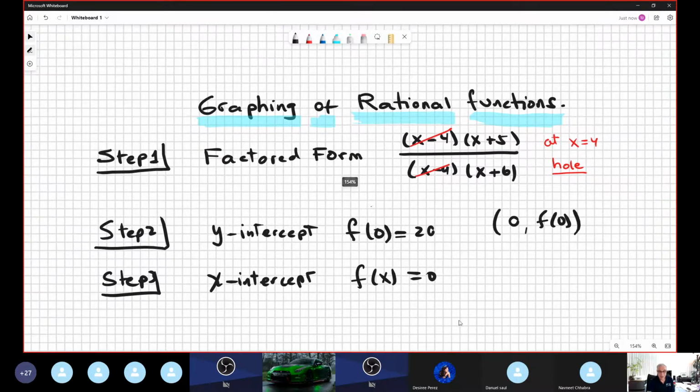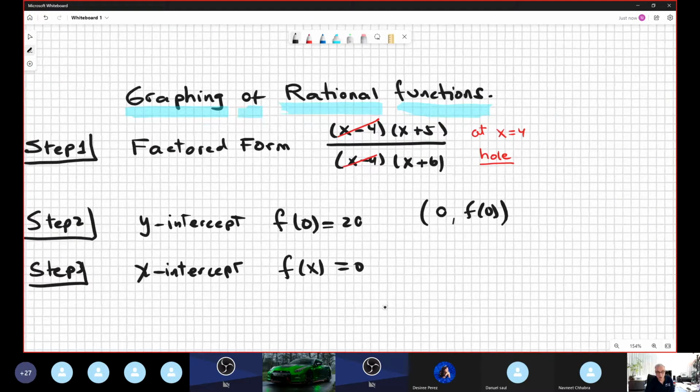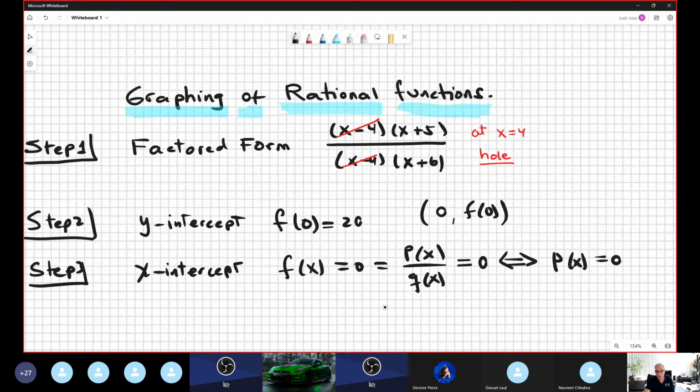I know our function is rational, p divided by q, and you enforce it to be 0. Therefore, this is equivalent 100% to saying that p of x is 0. Now you take the polynomial in the top, after the factorization and the cancellation of the hole, and you enforce it to be equal to 0. I don't care about the bottom part. This is totally irrelevant.